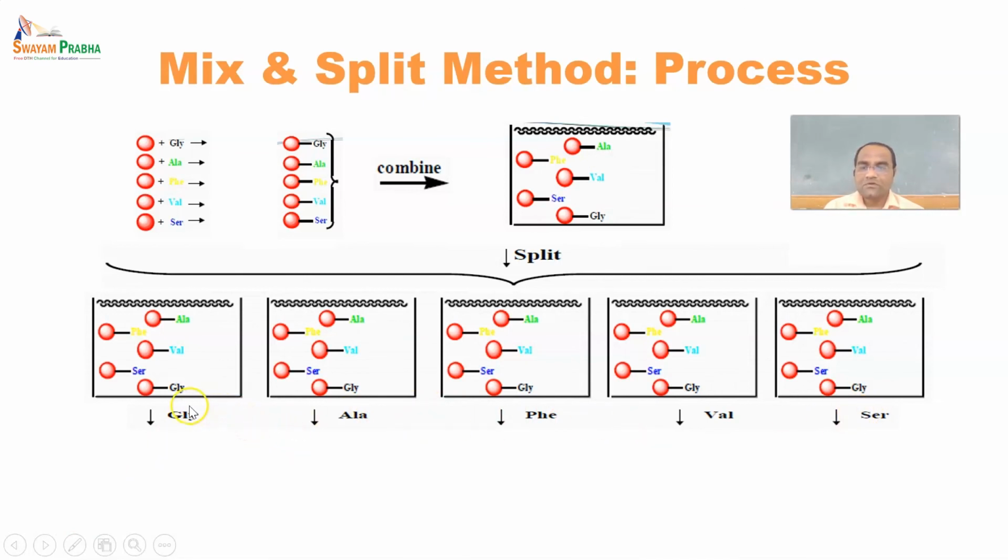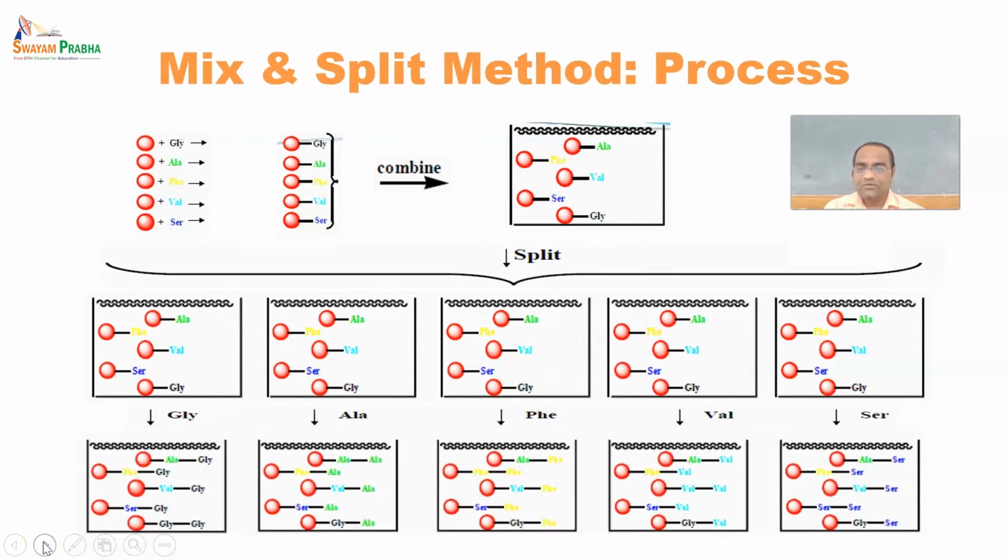So it means that now glycine and alanine will form a bond, phenylalanine and glycine will form, valine and glycine will form, serine and glycine will form, and glycine and glycine will form. And now alanine will form a bond with all these compounds. So that is why it is called the split method. Here we are mixing, but again we are splitting, due to which we get the desired products. Now here you can see that alanine and glycine have formed a bond.